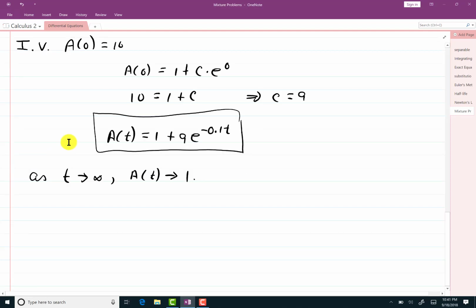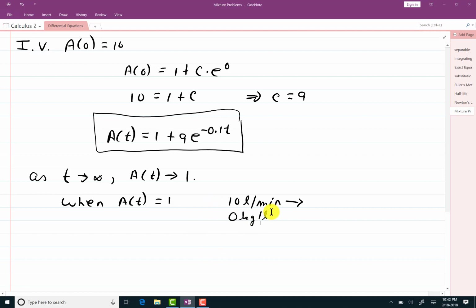Now let's think about this. At some point in time, I'll never actually get there, but when A of t equals 1 exactly, think about what's going in. You have 10 liters per minute going in, but that's 0 kilograms per liter.